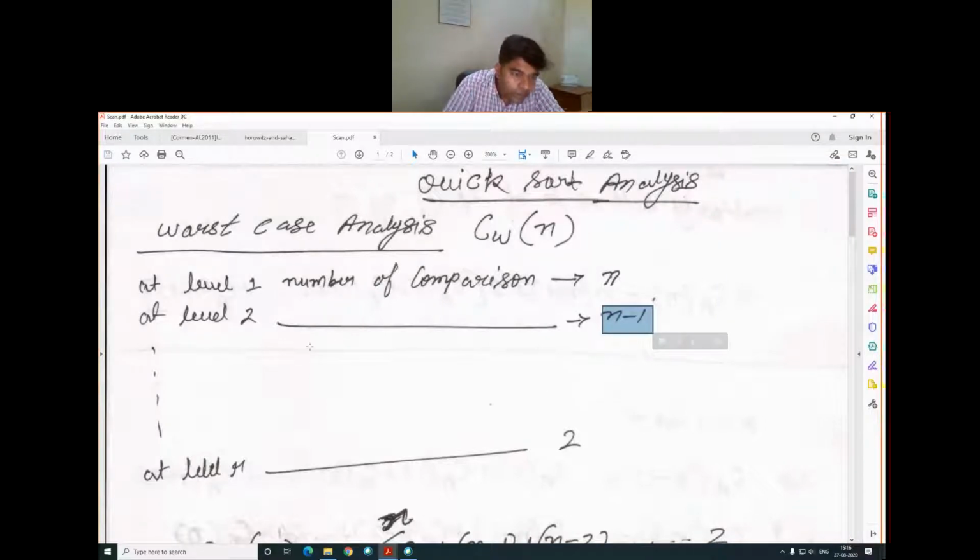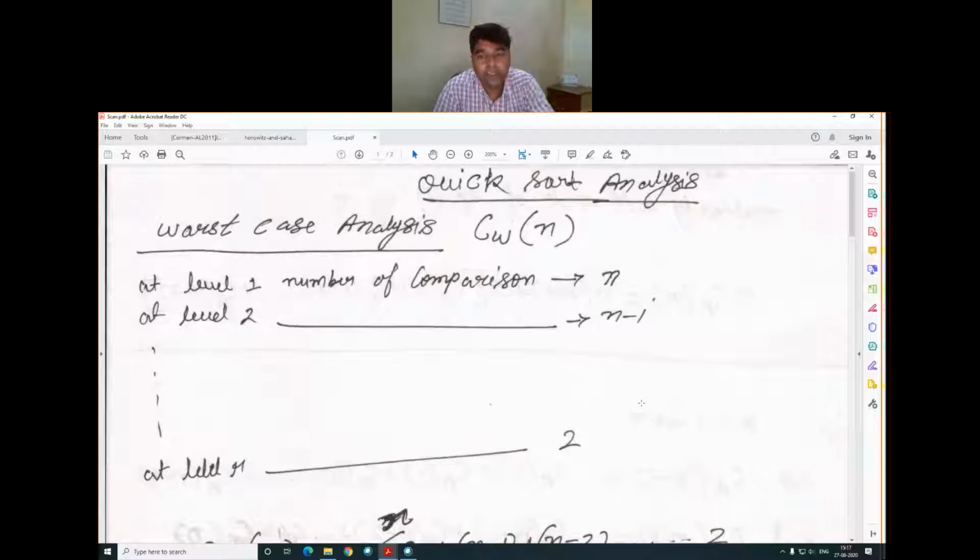Similarly, when we call the partition algorithm or quicksort recursively at every level, suppose the last level is represented by r. In the last level, how many elements remain? 2, because the minimum number of elements required for sorting, to compare, is 2. That is a very important thing. So from here we can see n minus 1 and 2. These are the total number of comparisons.